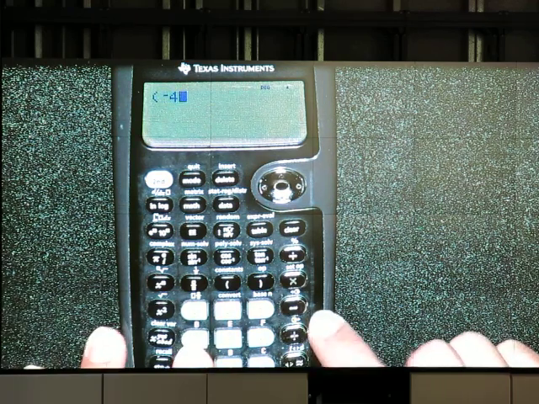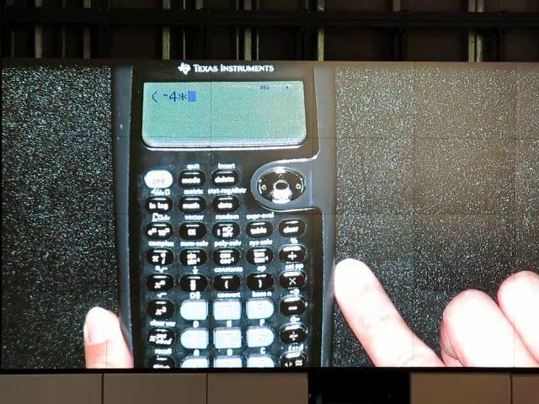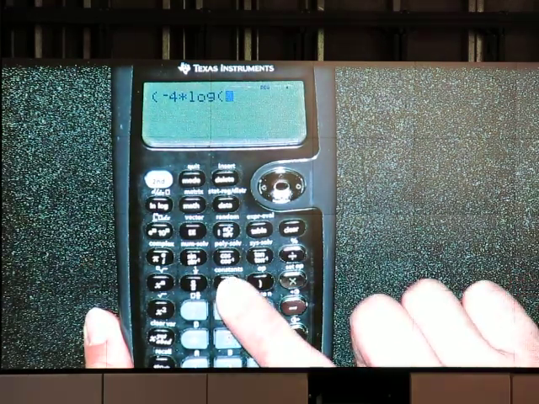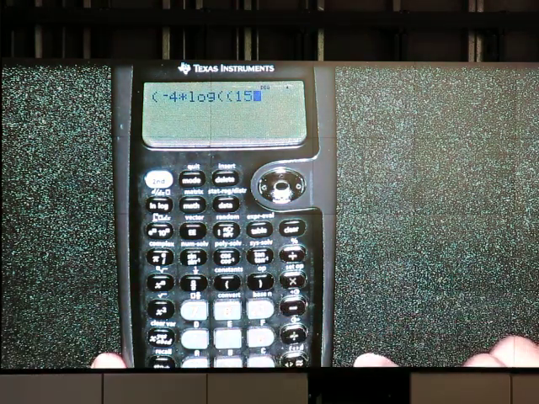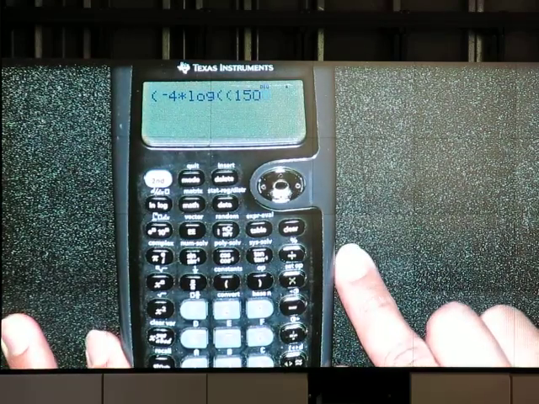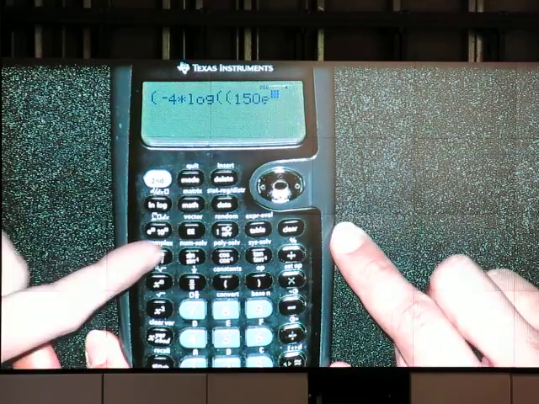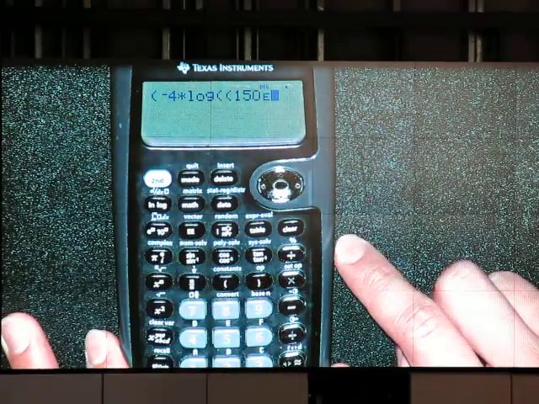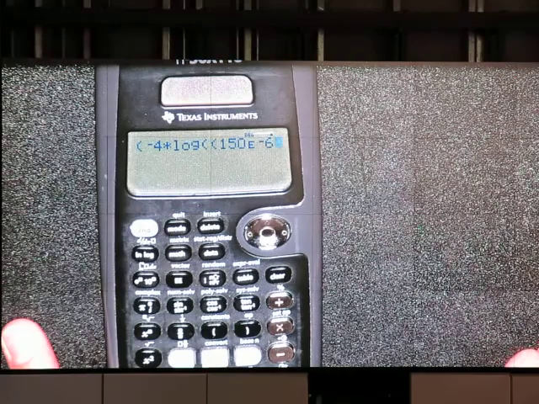Minus 4 multiplied by log base 10. How do I do log base 10? Okay, log base 10 of epsilon over d. Epsilon I have 150 micron. How do you do e minus 6? Okay, that's what I have, right?